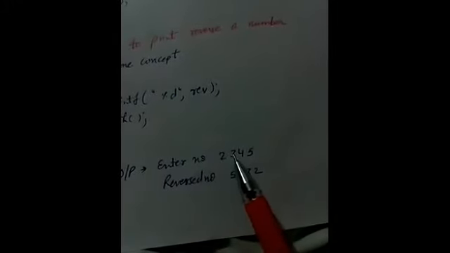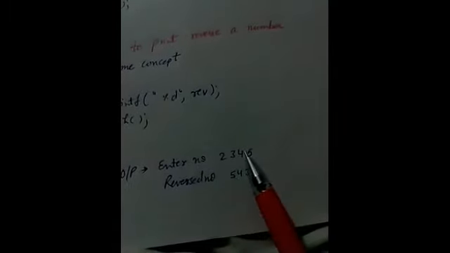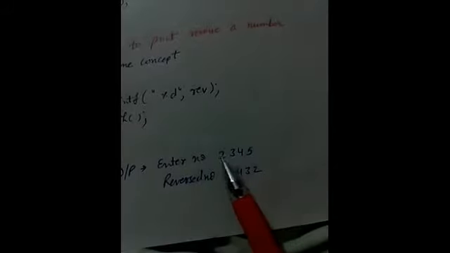So I will use the same concept and print this reverse value with the help of print. Example, suppose I entered number 2345. What would be the reverse of this number? 5432.